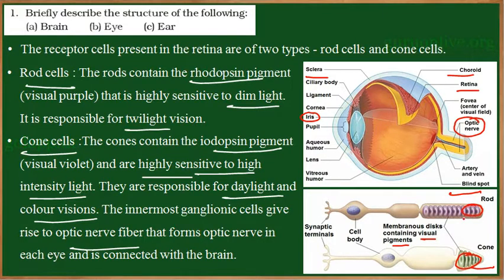The rod has rhodopsin pigment and the cone cells have iodopsin pigment. These pigments are sensitive to light. Rhodopsin is sensitive to dim light and is responsible for night vision. The cone cells are sensitive to bright light and are responsible for day or color vision. Rod cells are responsible for black and white vision. So this is the structure of the eye.